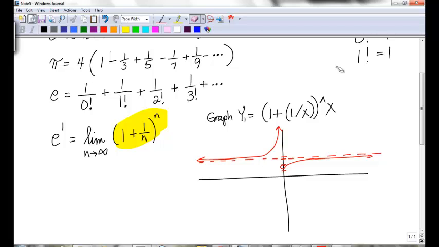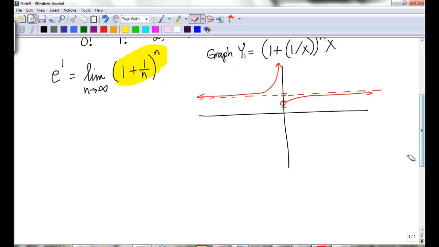Remember, the y value is where the limit's read, and the limit should be getting closer and closer to 2.718. It shows 2.716 on our graph. So the y approaches 2.718 as a limit. Now that's looking at the graph for e to the first.